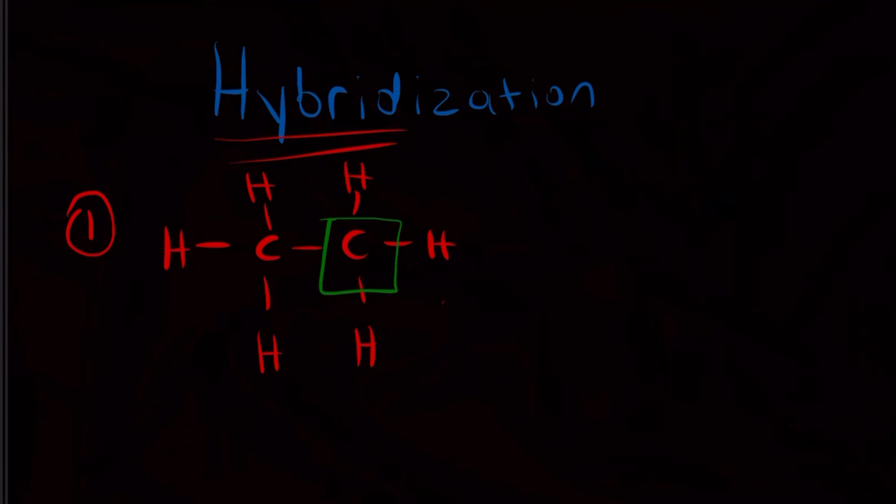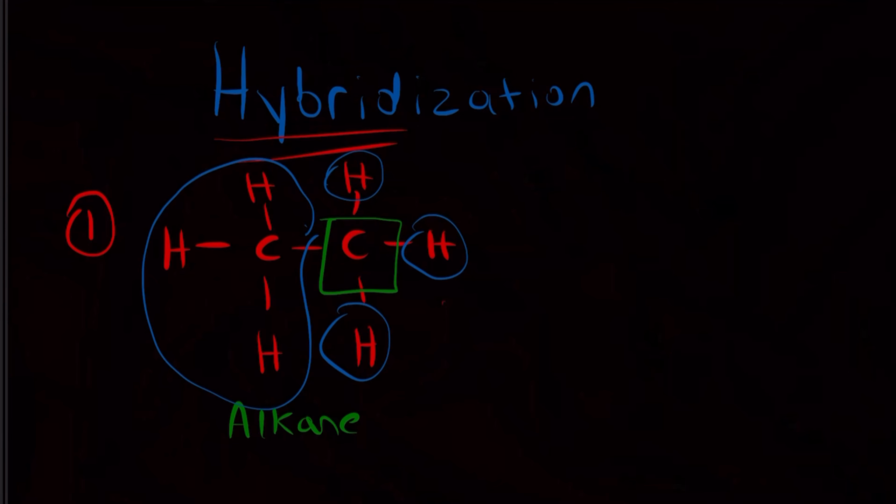So we know that this structure is an alkane. And we are saying that this carbon is connected to 1, 2, 3, and 4 different things. So this carbon is connected to 4 different things. And then what does that mean? We can say S1, P3.